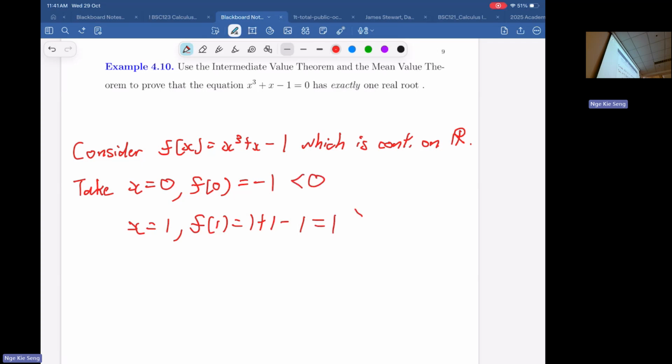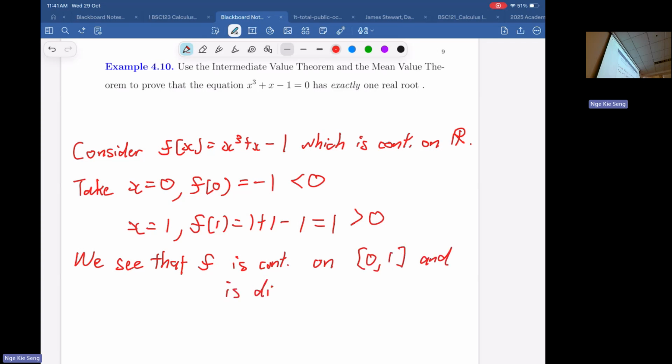So f(0) is less than 0, f(1) is greater than 0. Good. Also, f(x) is continuous on the closed interval [0,1] and differentiable on the open interval, so it satisfies the conditions for IVT and MVT.